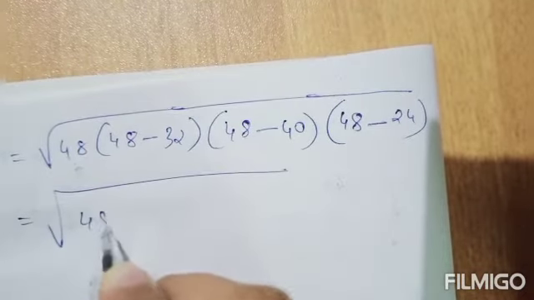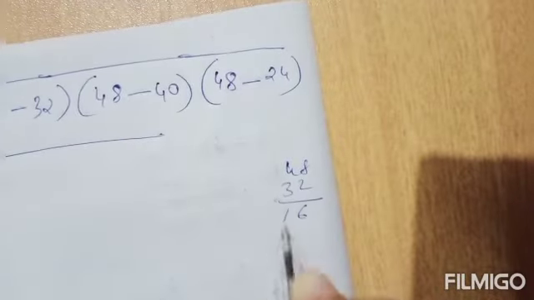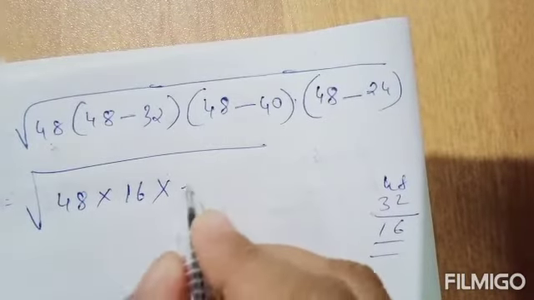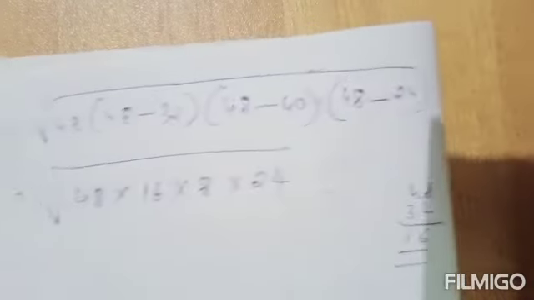So root of 48 into 48 minus 32, what will you get? It is 16. 16 into 48 minus 40, which is 8, into 48 minus 24, which is 24.